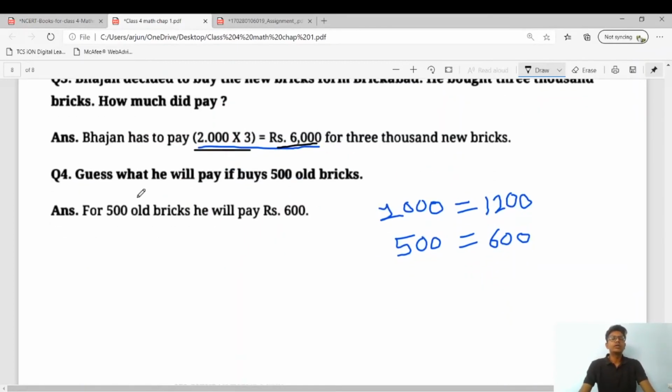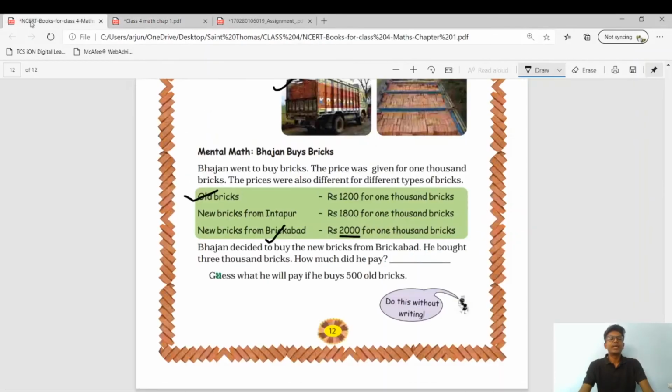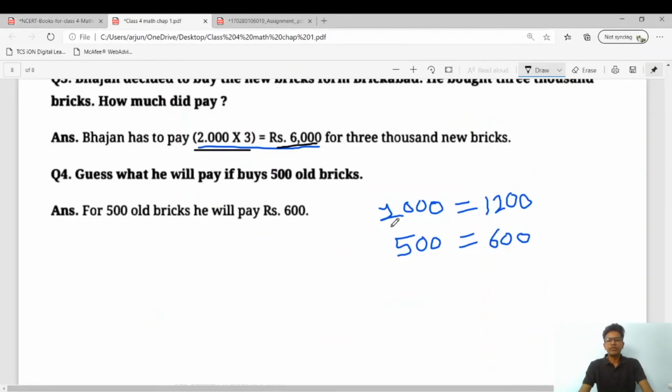Guess what he will pay if he buys 500 old bricks. So now let's see the price of old bricks. For old bricks, we have to pay 1200 rupees for 1000 bricks. So for 1000 bricks, if you have to pay 1200 rupees, then for 500 bricks, what do you have to pay? So 500 is half of 1000.